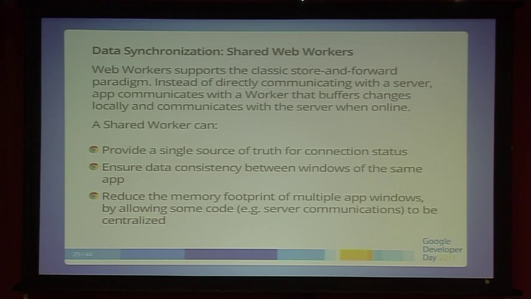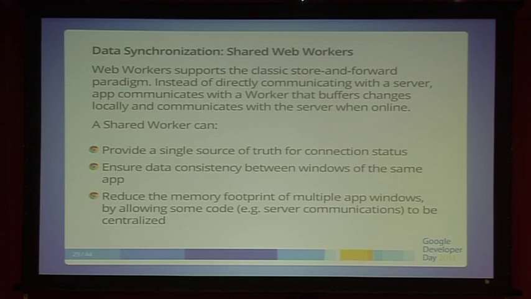So now you've got a shared web worker between the windows, and that web worker is now your data store. When you have a network request, you ask the data store, okay, can you get me this file? The data store then communicates with the server, or if you're offline, it gives you the offline data. And this way, you can keep all your windows in sync.